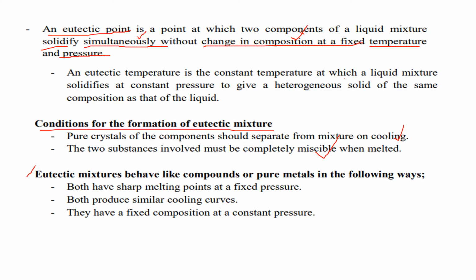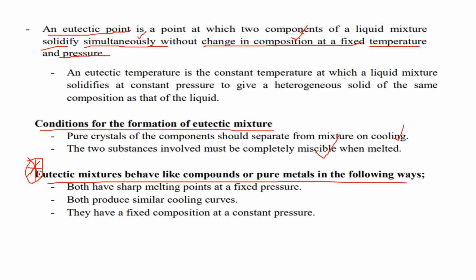This one is very common in setting, and it's very hard to get a question under eutectics in physical equilibria and miss such a question. So we are telling you that eutectic mixtures behave like compounds. And why is this the case? In the following ways.